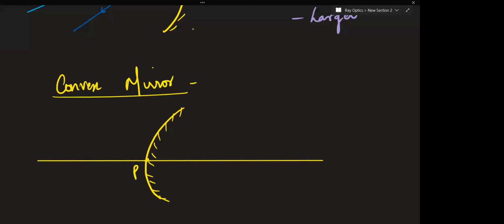So this is the pole, this is the focus, this is the center of curvature. For a convex mirror, the focus and center of curvature are all behind the mirror, and you cannot keep your object behind the mirror. So the object will always be beyond the pole. At any place you keep it, you'll get the same result.